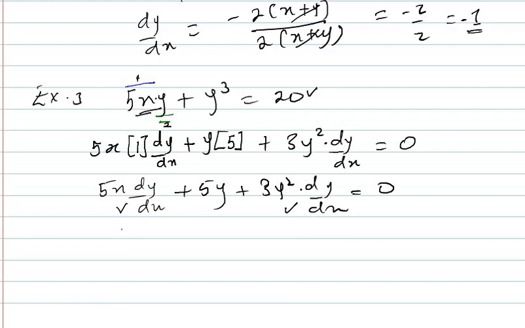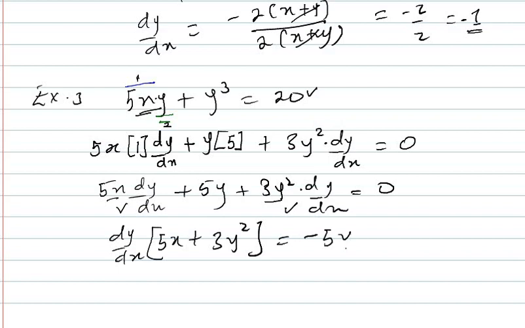So we'll have dy/dx times (5x plus 3y²), and for the other side, if we shift this to the right-hand side, we have negative 5y.